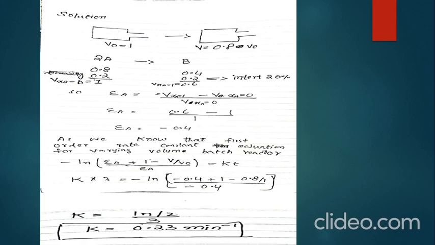So we have to find the rate constant. Simply we substitute all the values given in the problem, we compute, and we get the result: k is equal to 0.23 per minute. Thank you.